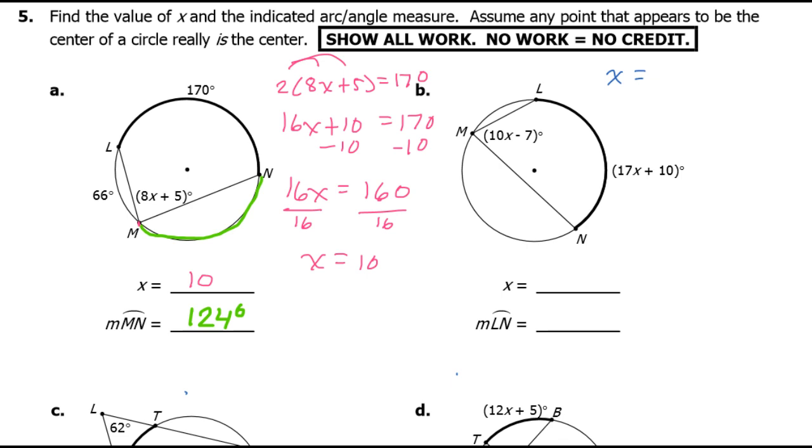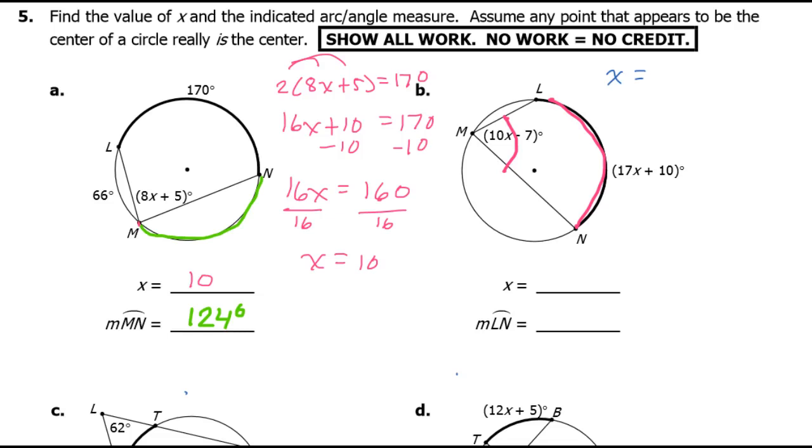We have 10x minus 7, we have 17x plus 10, okay? So start by telling me, in general, like if this is the angle and this is the arc, just in words tell me how those are related to each other. Like which is bigger? 17x. Right, so the arc is bigger. So would you do like 2 times 10x, whatever that is?